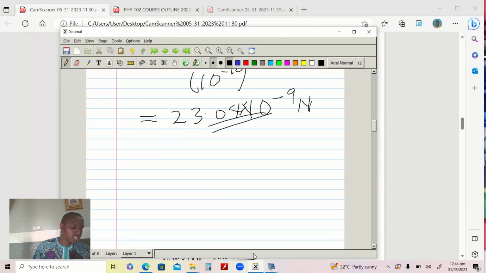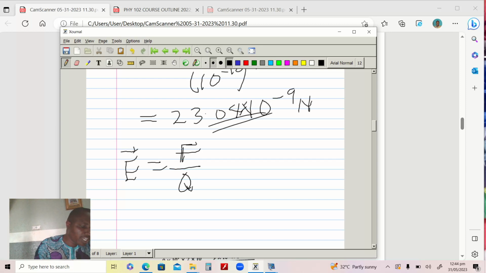We come to our blank sheet. Remember we said electric field is equal to force over charge, in coulombs. That was what we said at that time. So from here we are asked to find the electric field.